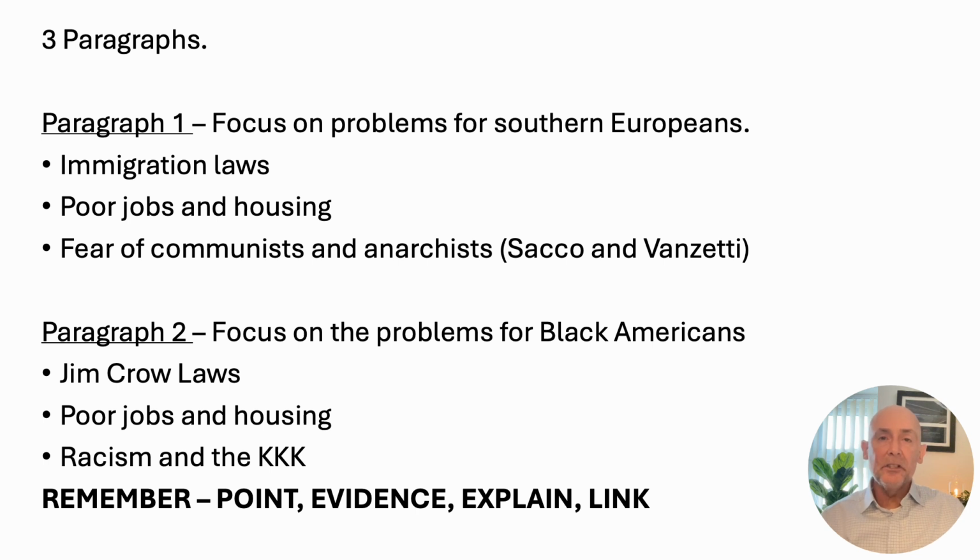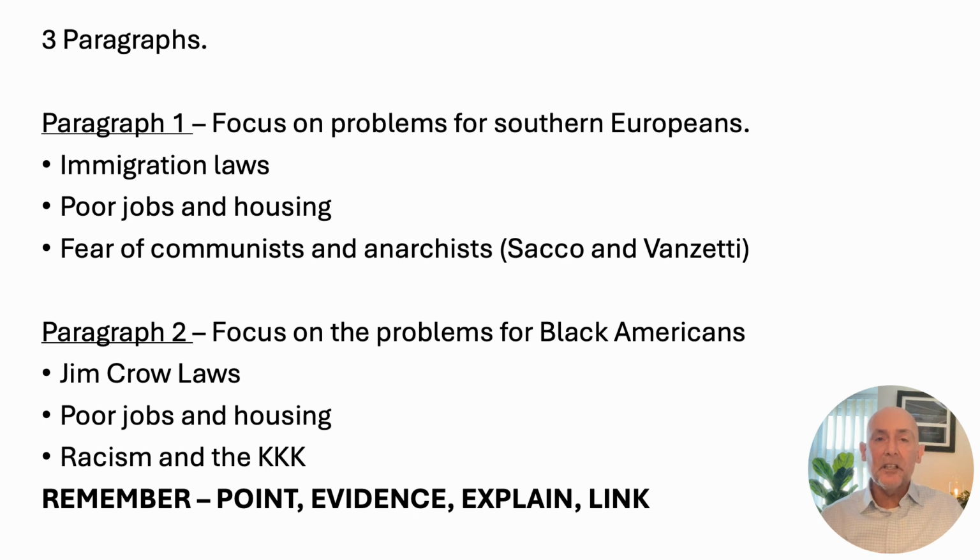The next one that you should be including is the fact that many immigrants are facing poor jobs and poor housing. It's a very general point, so you're not going to be able to give much specific detail. My advice would be to focus on that immigration and then look at this final one, the fear of communists and anarchists, the idea of the Red Scare in the 1920s.